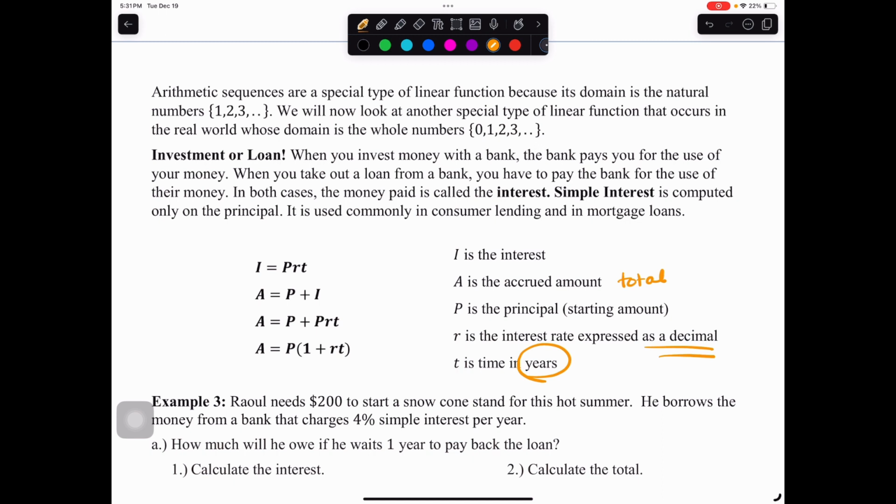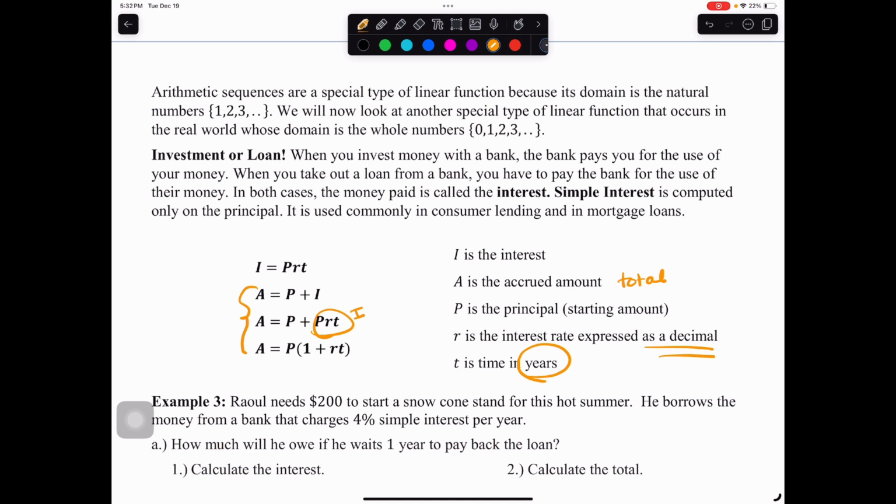Over on the side are a few different formulas you can use. I equals PRT is only going to calculate the interest. Then the next three calculate the same thing, but all in a different way. One way to write the formula would be principal plus interest, but of course you have to calculate the interest first. The one underneath has I spread out into PRT, which remember is the same thing as interest.